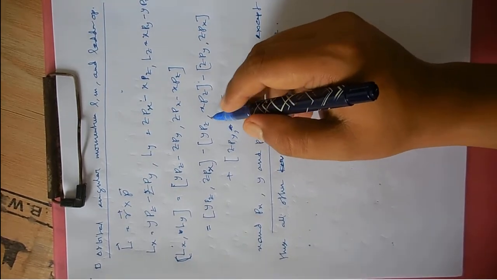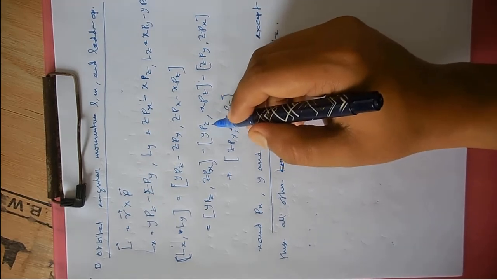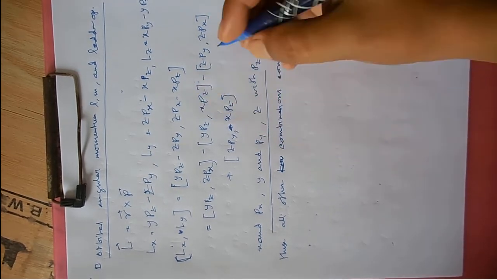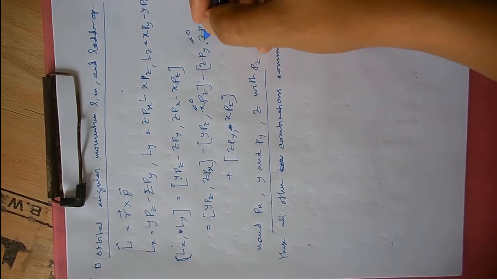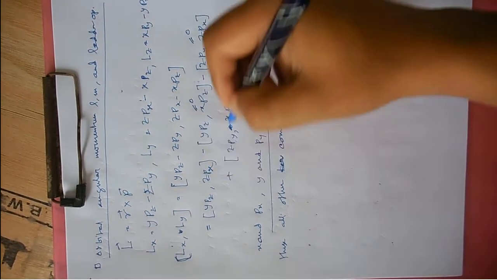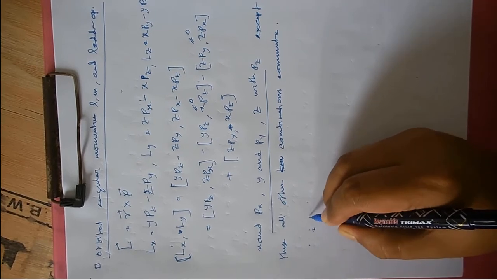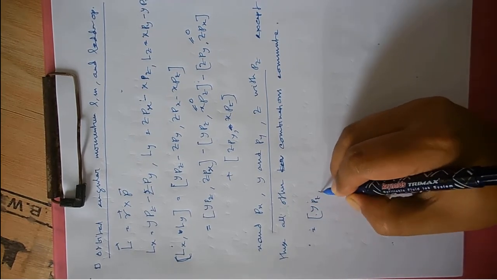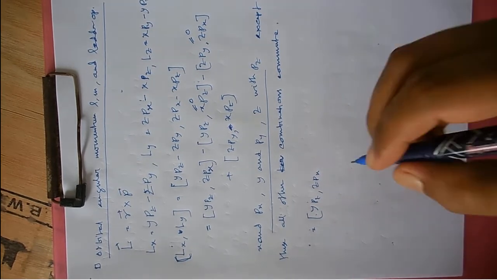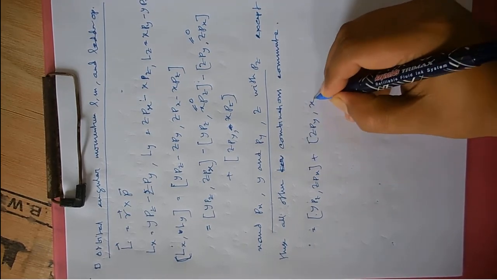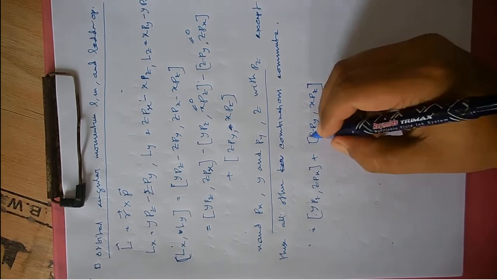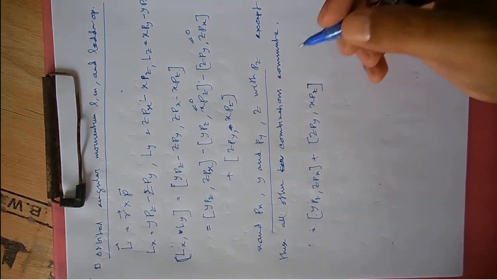If you take pz common, you get the commutation relation of x and y, which gives 0, and taking z common, py and px commutation also gives 0. So we will be left with only y pz z px and z py x pz. Two other terms give 0.